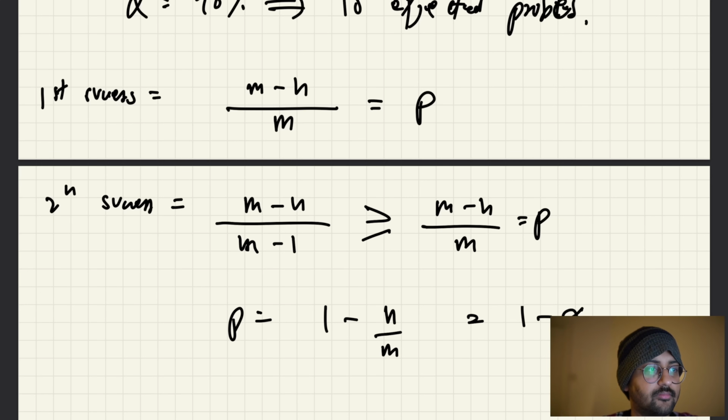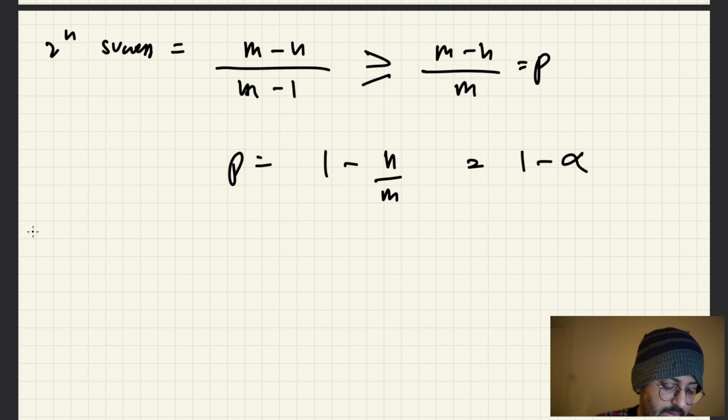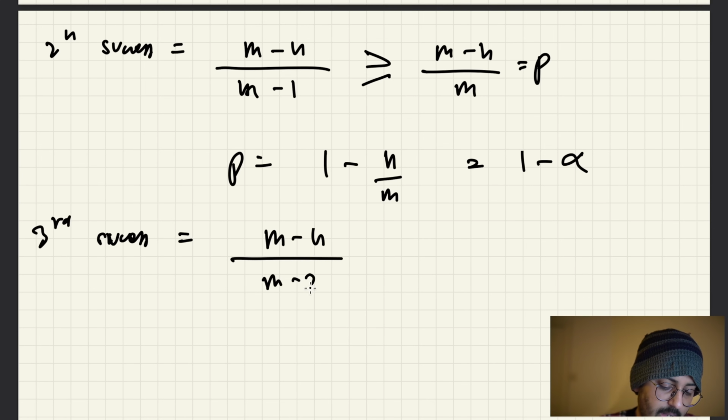Sounds good? So with every trial, for the next trial, if we want to do the third success, for example, M minus n divided by m minus 2 is also greater than or equal to p.